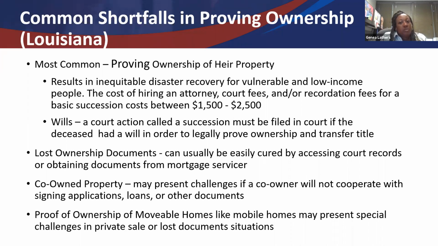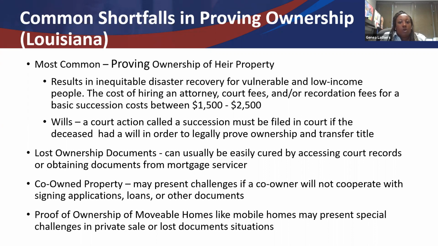Lost ownership documents are also common, which you can walk through with the client, accessing some court records and/or obtaining documents from their mortgage servicer. Also, co-owned property presents a challenge when the other person doesn't want to sign applications, loans, or other documents.